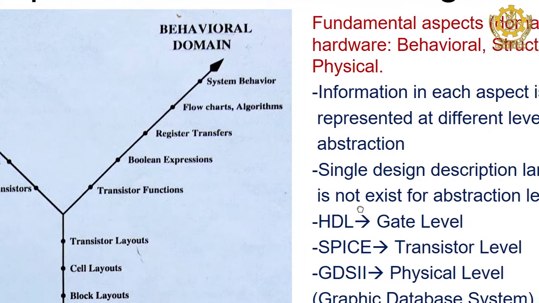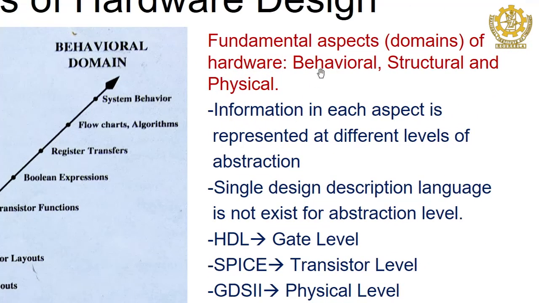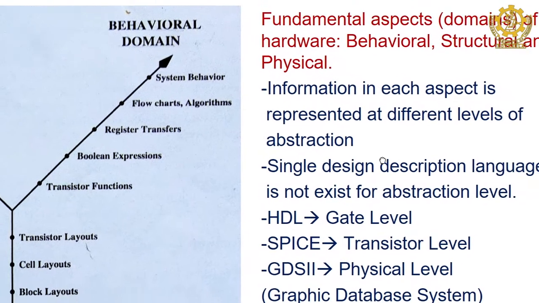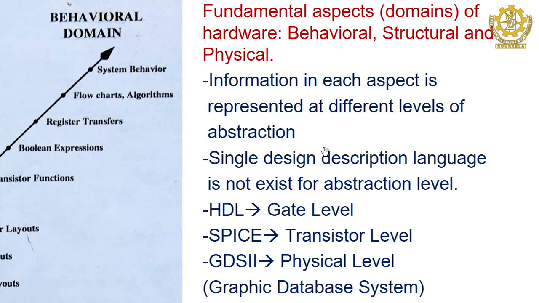That is why I have written here that the information in each aspect is represented at a different level of abstraction. So in each domain there will be different levels of information. Out of that information you can design your particular hardware as per your specification.